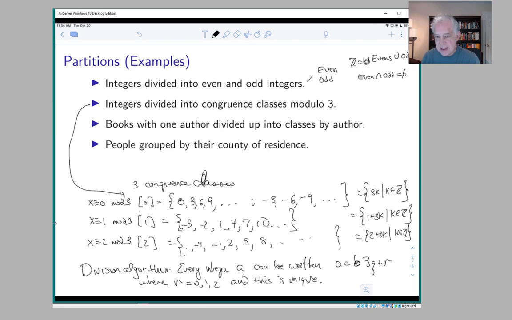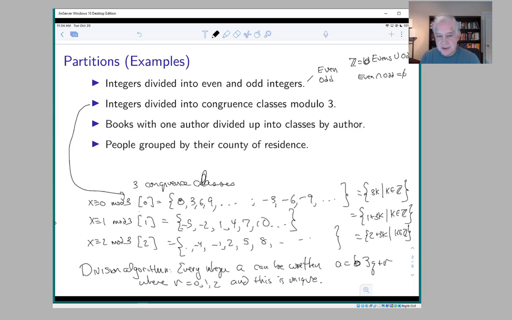So you would have the Herman Melville class and the J.R.R. Tolkien class and the Donald Trump class. And each of those would be an element. And then since every book with one author has an author, every book would be in one of those classes.